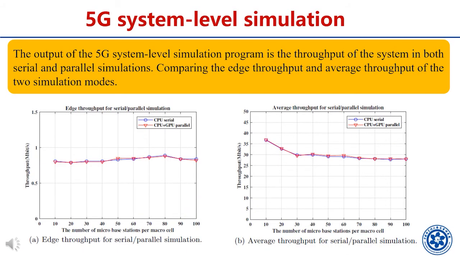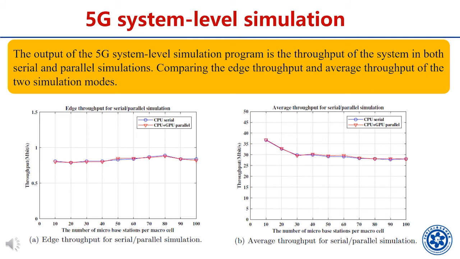We first introduced the 5G system level simulation program used to verify CPU-GPU heterogeneous parallelism. The output of the 5G system level simulation program is the throughput of the system in both serial and parallel simulations.